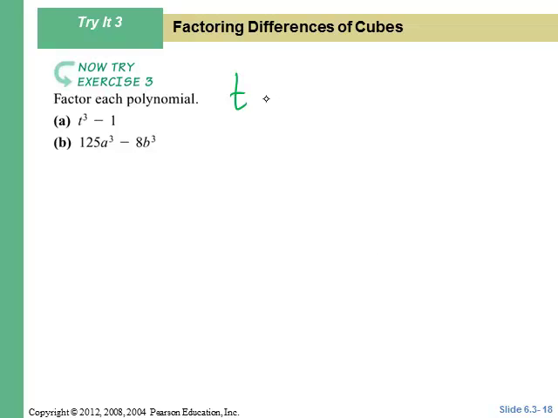Cube root of the first term, copy the sign, cube root of the second term, square the first term, multiply them together, square the last term, you have exactly one plus sign.